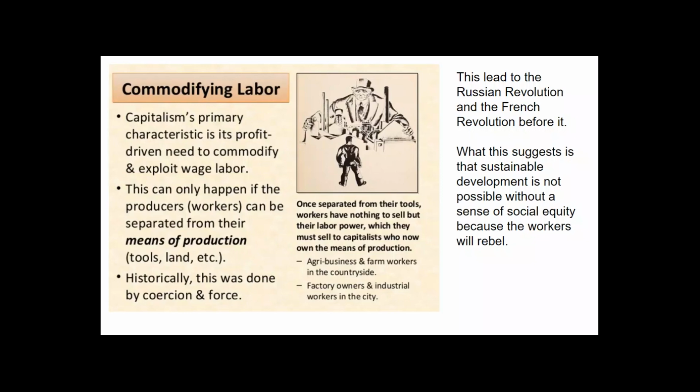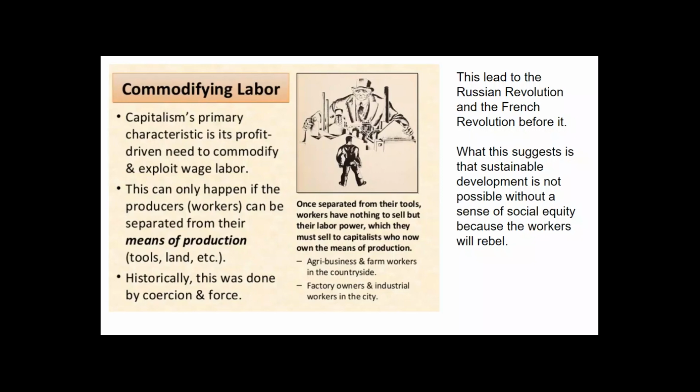And this can only happen if the producers, the workers, can be separated from their means of production, the tools, the land, etc. So the laborers don't own land or tools, etc. They just do the work. And historically, this was done by coercion and force. So what happens is the workers have no choice but to work for the farm owners.